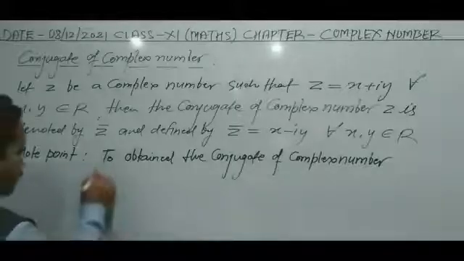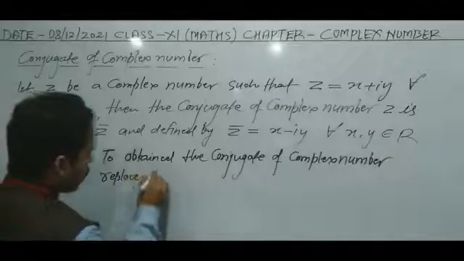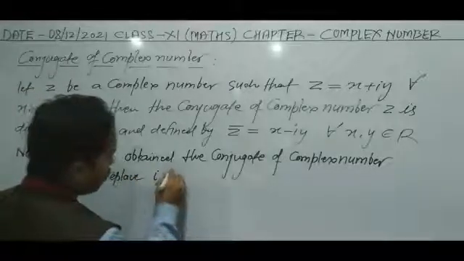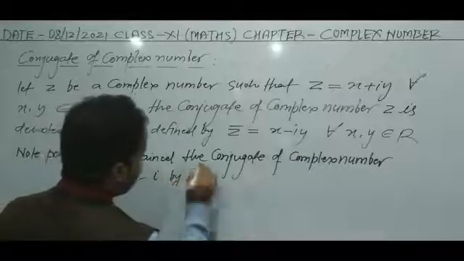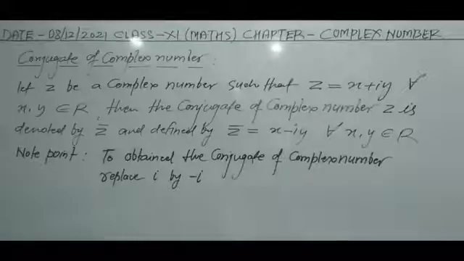Replace i by minus i. This is the method. Now this is the definition of conjugate of complex number.